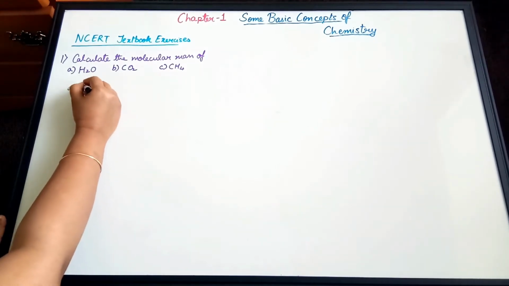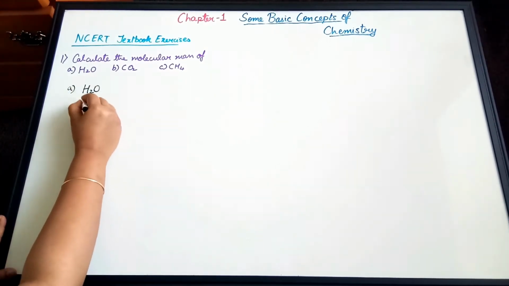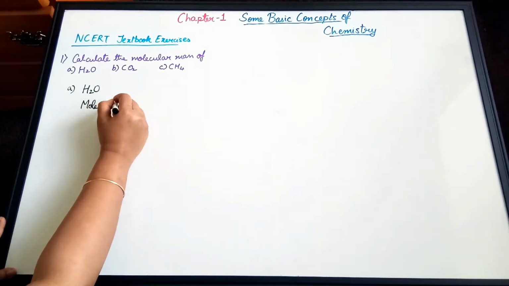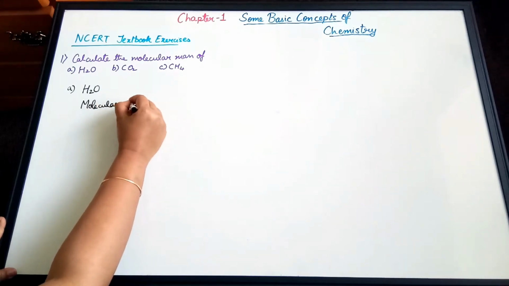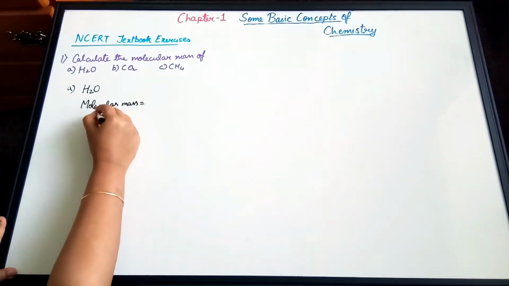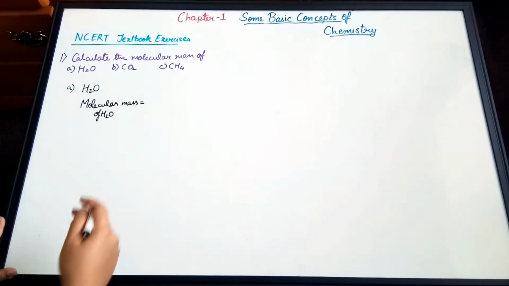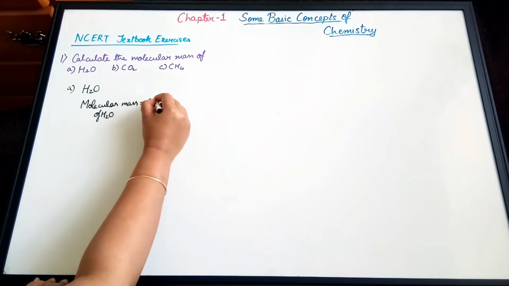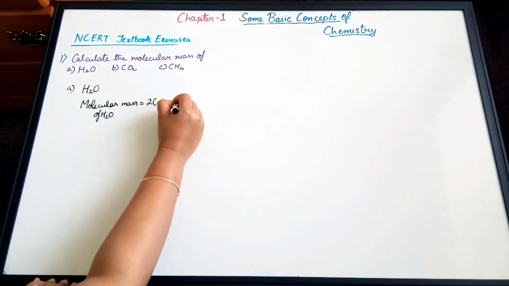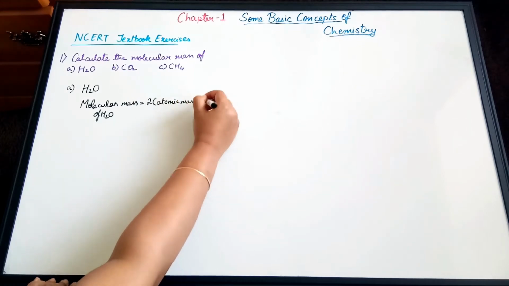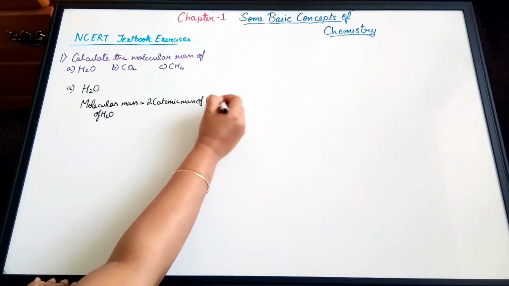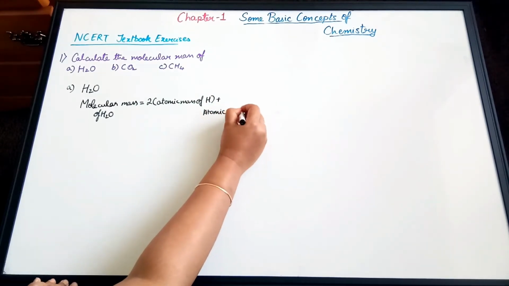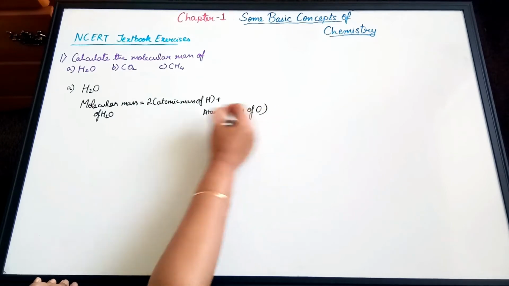To calculate the molecular mass, we need to add the individual atomic masses of the elements. So here it will be 2 into the atomic mass of hydrogen plus the atomic mass of oxygen.